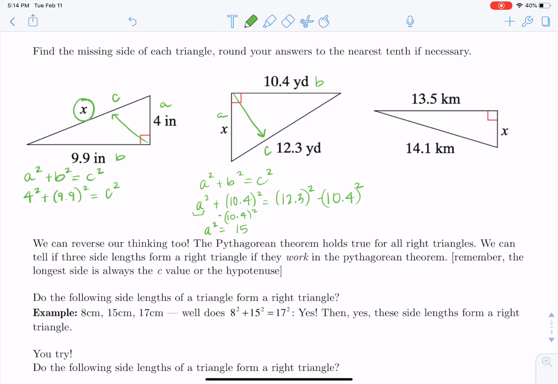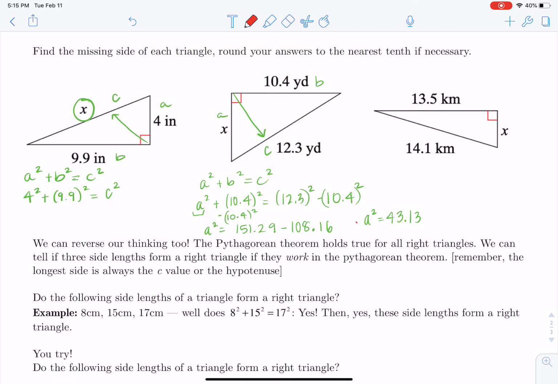151.29 minus 10.4 squared, which is going to give me 108.16. So 151.29 minus 108.16 is going to give me an A squared value of 43.13.